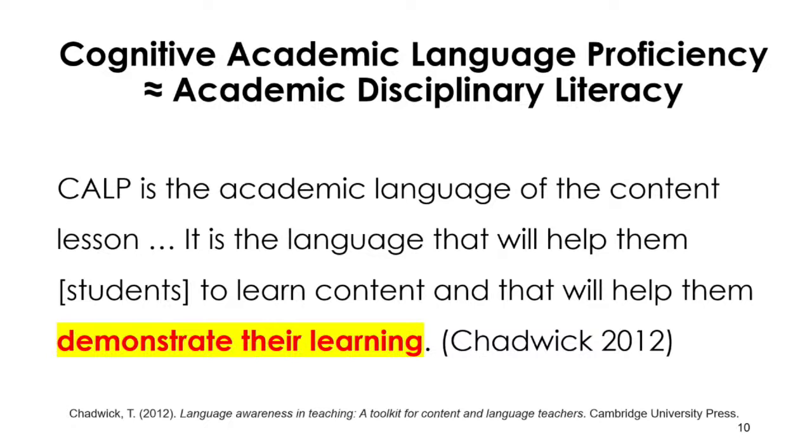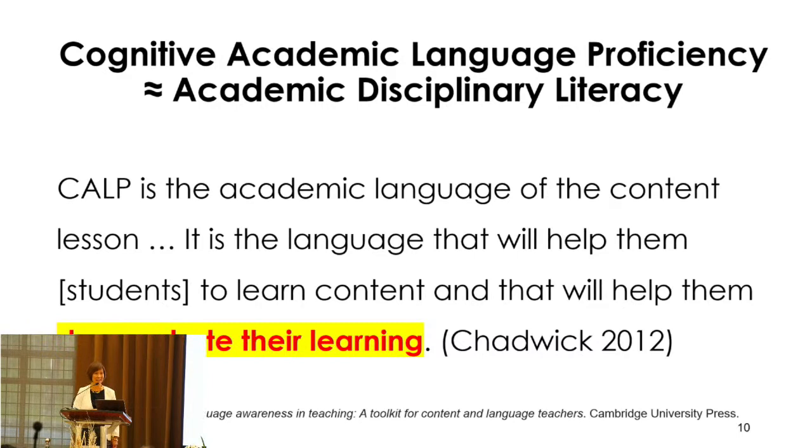The research has shown it actually affects their scores. Even if they understand the concept, but they cannot use the terminology, you're going to penalize them, right? So that's why we need to teach CALP so that students can show their learning in a way that will help them to get the marks.